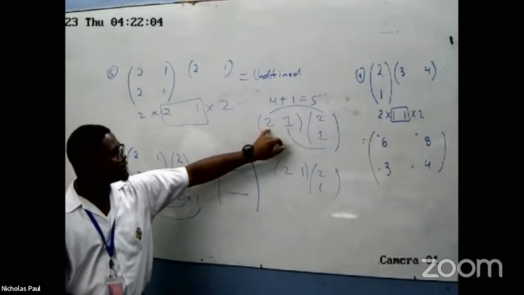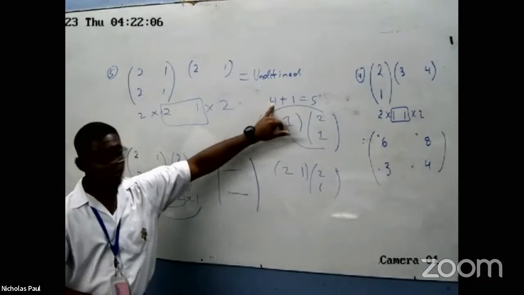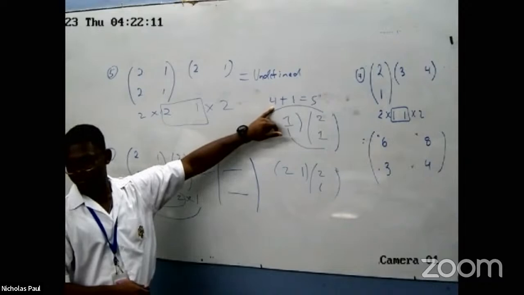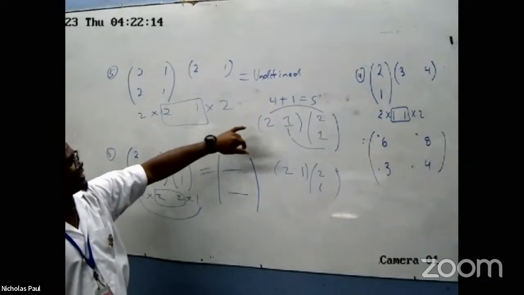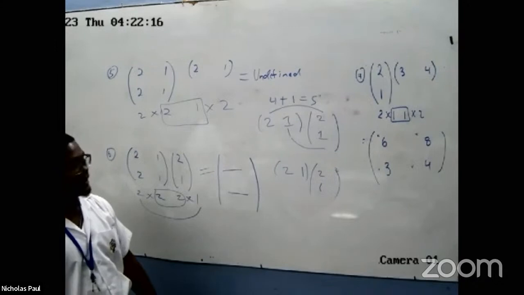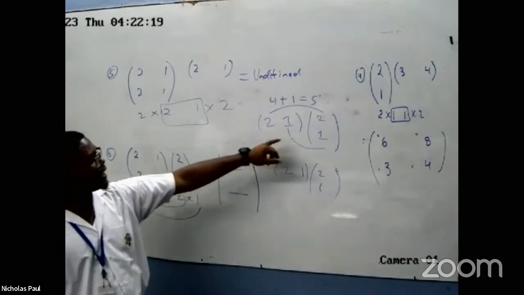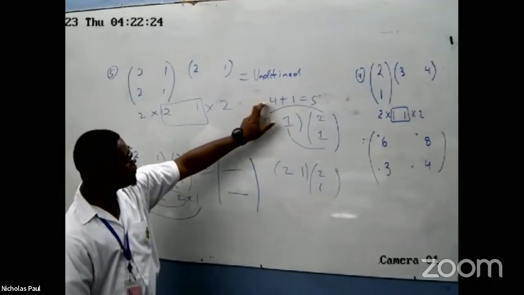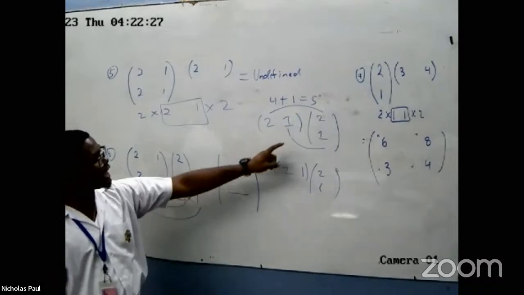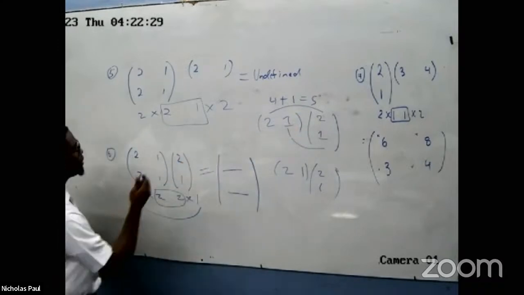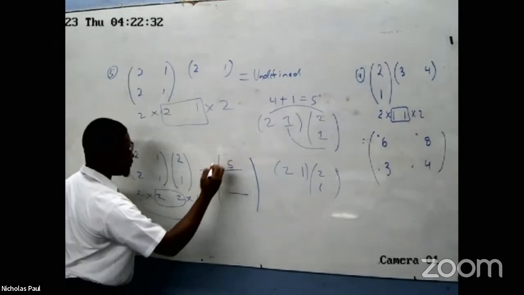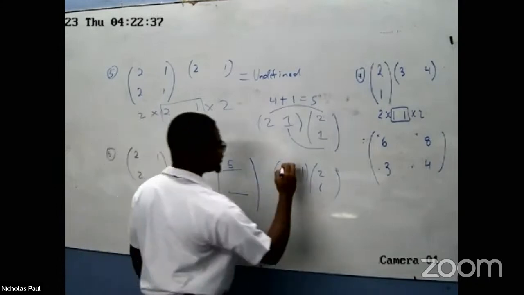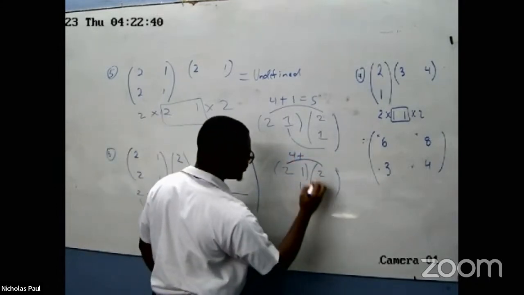You say 2 by 2 is 4, you put it on top. 2 by 2 is 4 plus 1 multiplied by 1, which will be 1. 4 plus 1 is 5. So since you have the answer here already, let's put it on. And then it's all just the same thing. So 2 by 2, 4 plus 1 by 1, 1 equals 5.